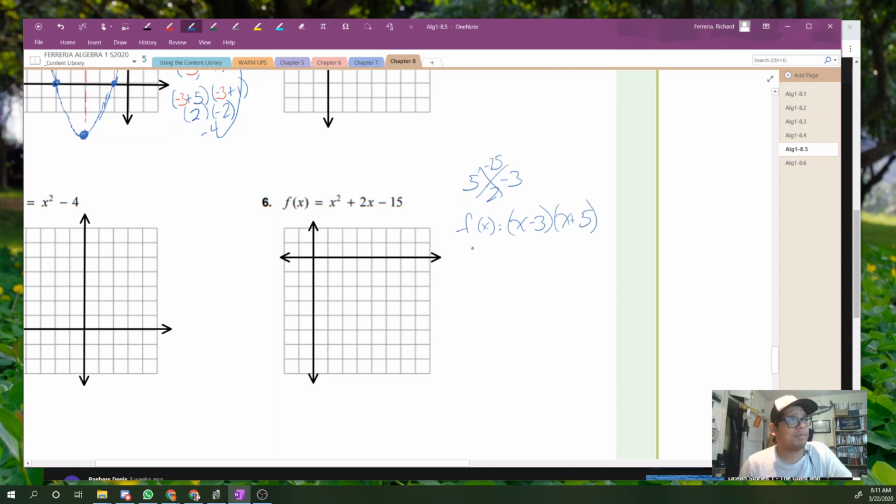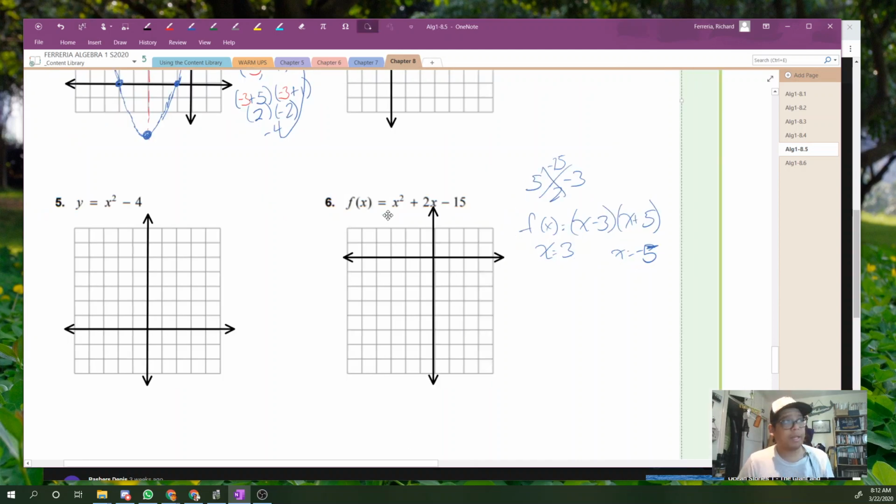Quick maths, that tells me that my roots are x equals 3 and x equals negative 5, which means that I'm going to have to move the y-axis. Okay, that's good enough. And let's figure out where our roots are.